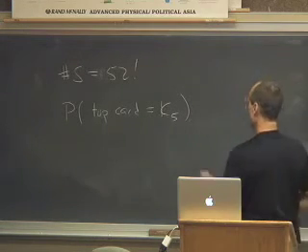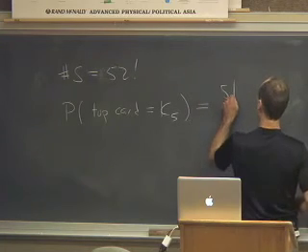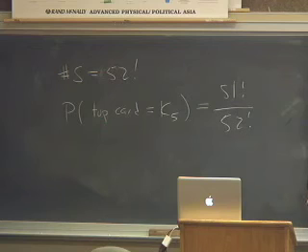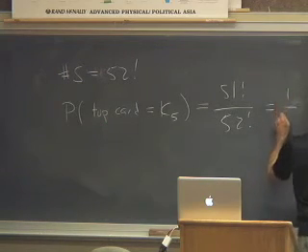So this is equal to, therefore, 51 factorial over 52 factorial. And that looks an awful lot like 1 over 52.